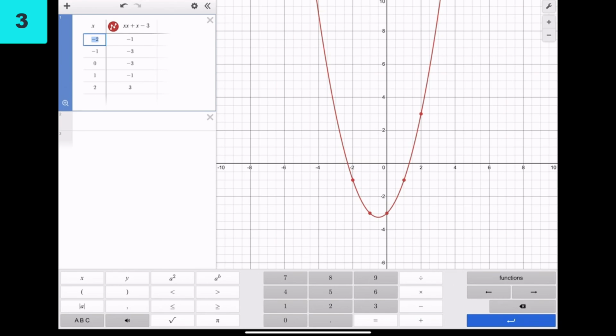Take a picture of those, or just write it down. -2, -1, -1, -3, 0, -3, 1, -1, 2, 3. And if you want other values that are on there, for example, -3, you can just type it in and you'll get a value. Let's just say I wanted +3. It'll get the answer for you, 9. Okay, let's go back.